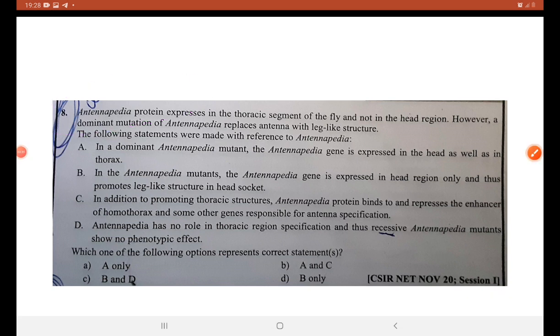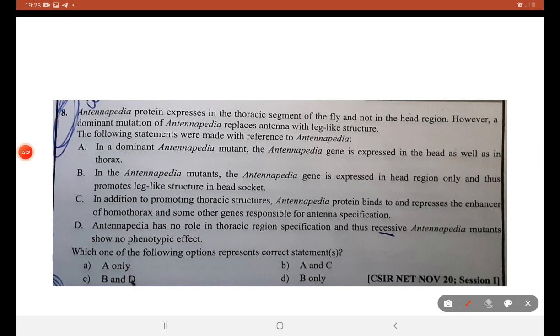Antennapedia, a topic from Drosophila. Antennapedia protein expresses in the thoracic segment of the fly and not in the head region. However, the dominant mutation in Antennapedia replaces antenna with leg-like structure. Following statements were made with reference to Antennapedia, so we should know what Antennapedia is.